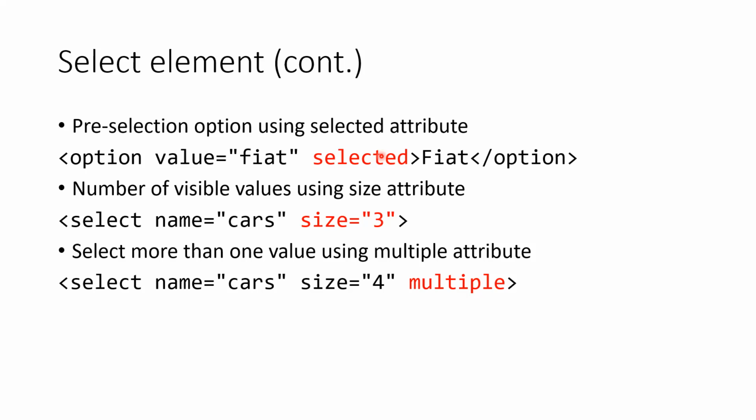Especially when you have long lists, you better limit it. So in this particular case, it will limit to size of 3. And then if you want to select more than one value, then you can say multiple, which will allow it to select multiple elements.